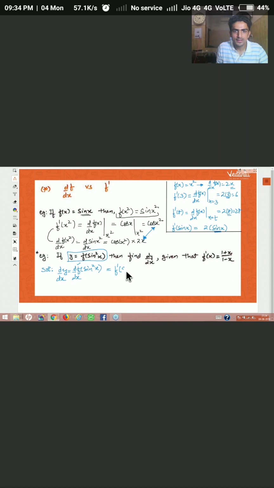F dash, keeping the inside term the same. Multiply. Then you differentiate the inside term. Derivative of sine square x. I hope you understand it is 2 sine x into cos x. First the power differentiates and then the derivative of sine x.